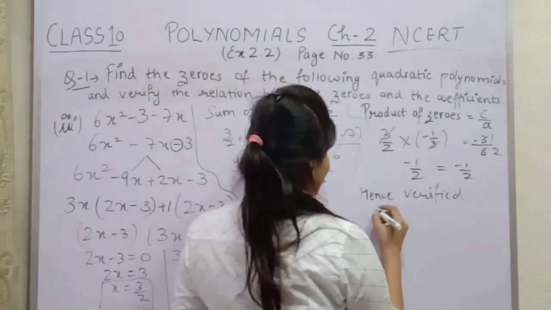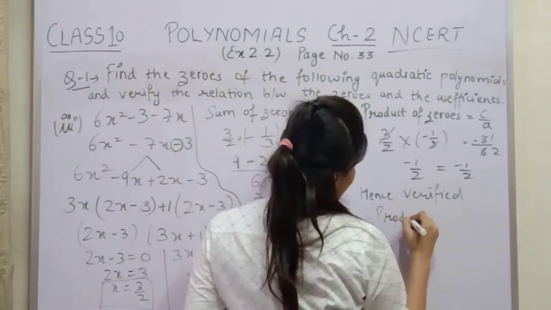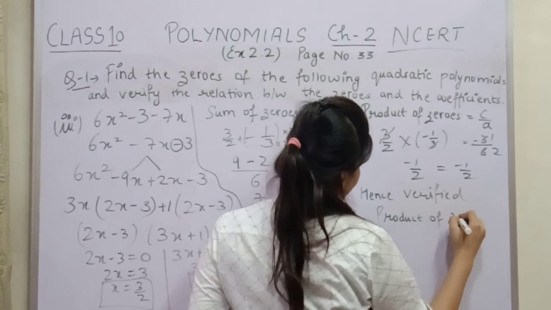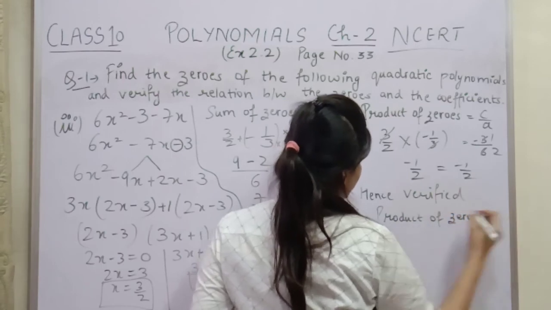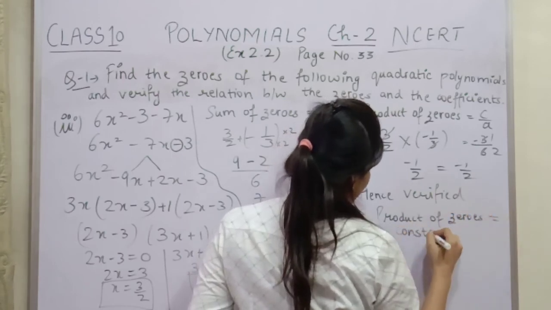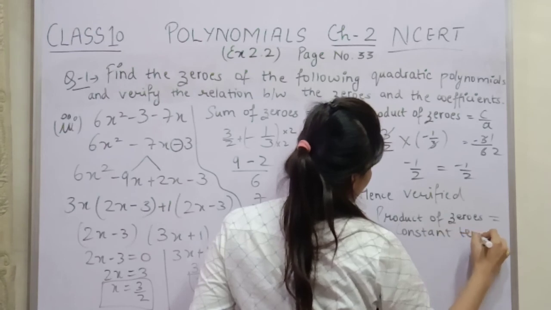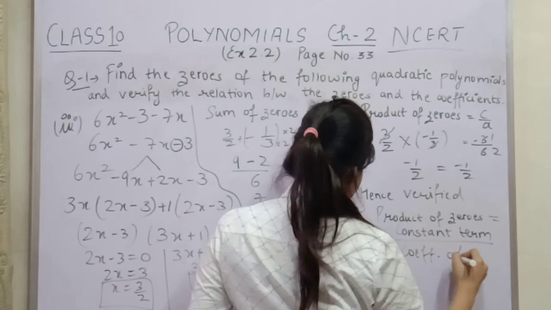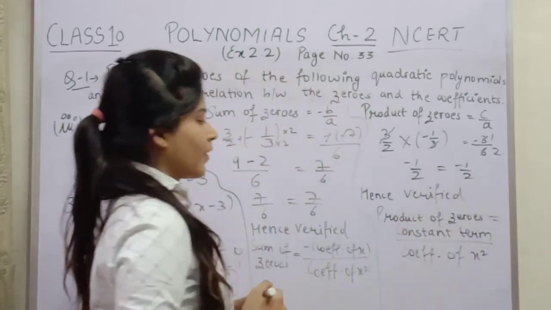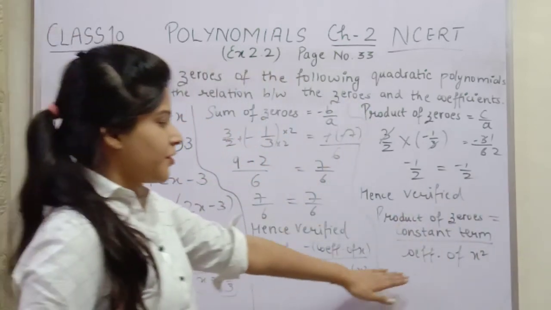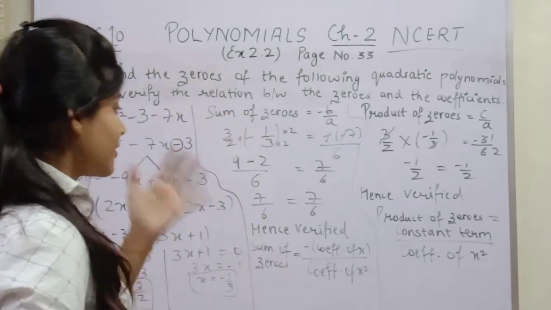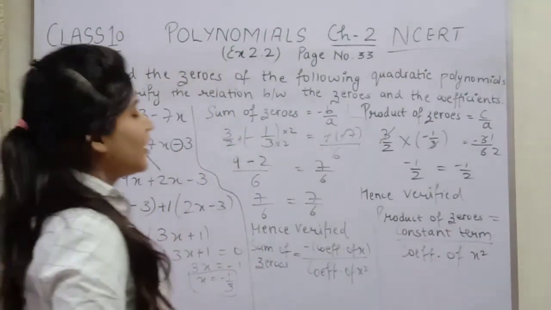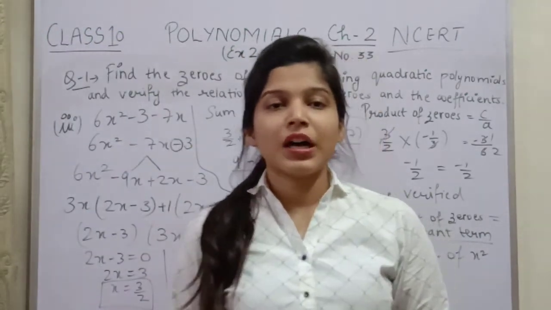Now we can say that product of zeros equals to constant term upon coefficient of x square. So this was our third part. Again we solve this by middle term splitting.